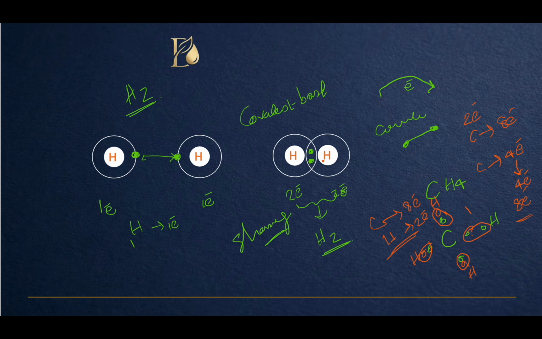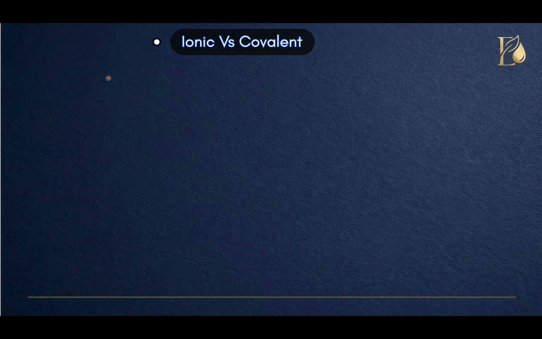Got it? Now we can finalize our points. What is ionic bonding? In ionic bonding, there is transferring of electrons between the atoms, and this is between metals and non-metals.